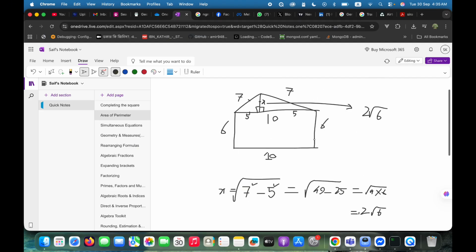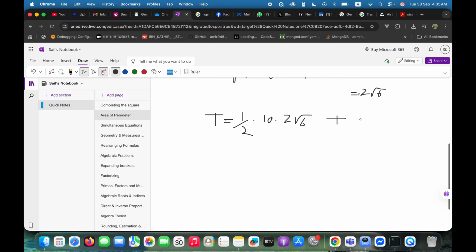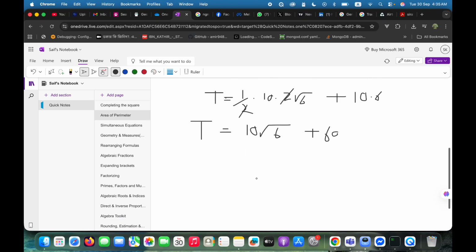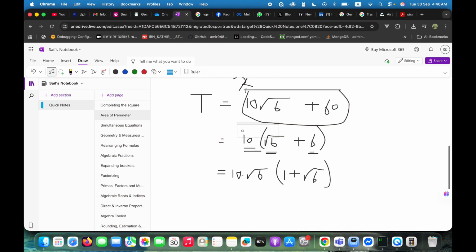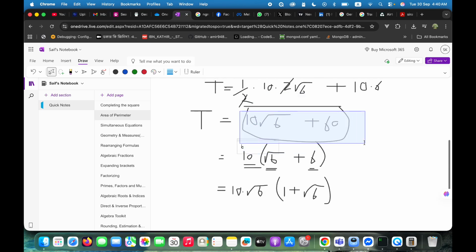The area of the rectangle is 10 multiplied by 6, so I get 10 root 6 plus 60. This is the total surface area. Now I can do the approximate calculation of 10 root 6 plus 60 to figure out the minimum number of tins Omondi requires.